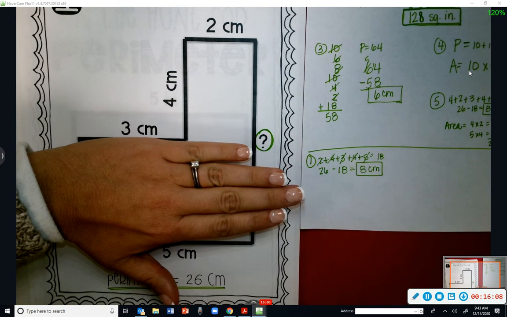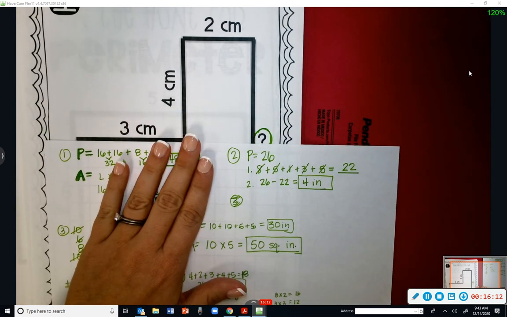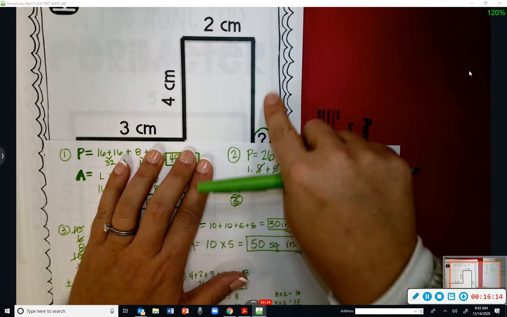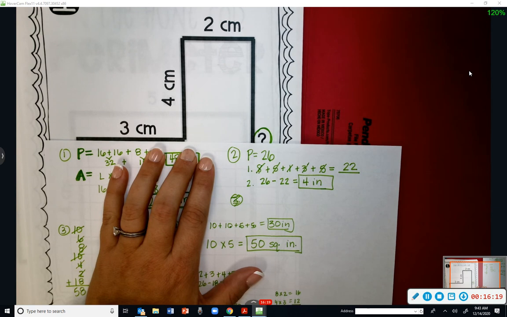So I want you to just cover this up and look at this piece right here. Gregory, how would I find the area of just this top piece? Length times width. We don't have to draw squares because they have numbers.